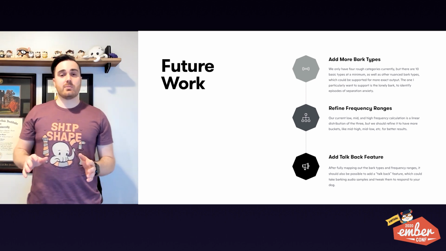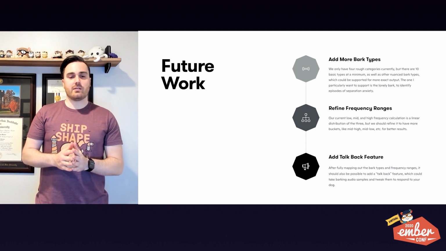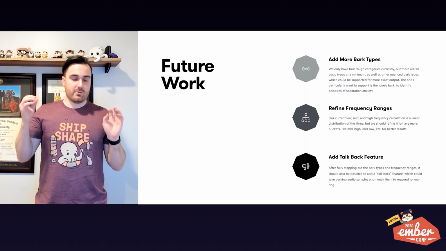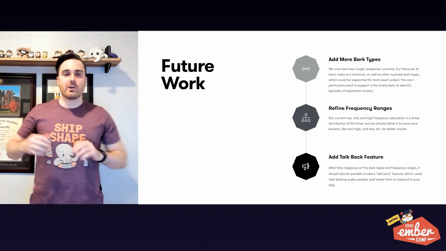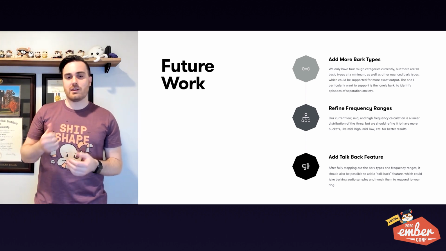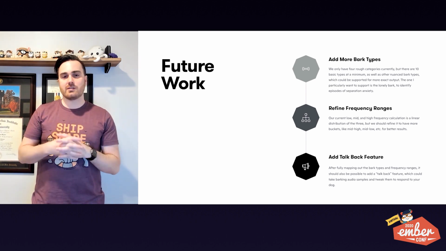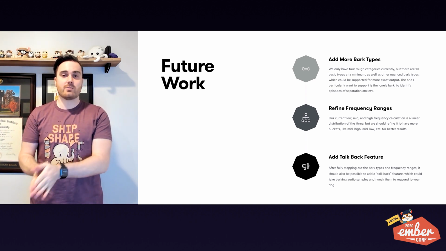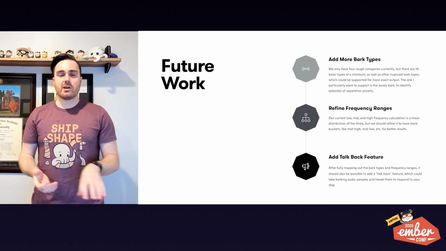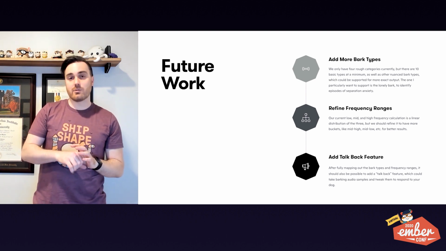And the coolest part of the new features is we could add a talk back feature, which I think would be the standout feature of this app. So if your dog says something to you and then you record it and get a response, it could take various dog barks that it finds that would respond in the way you want to respond to that bark, and build a custom bark to respond to them of the exact frequency and number of barks for the response.